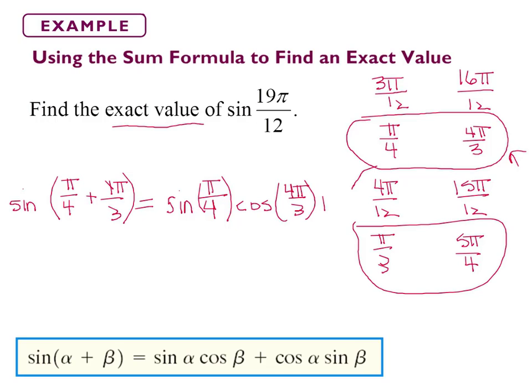And for sine, the sign stays the same, so it's plus cosine pi over 4, sine 4 pi over 3. Okay? Y'all with me?